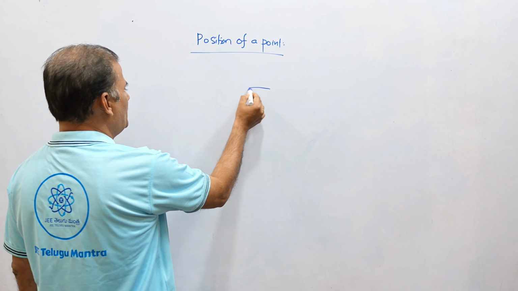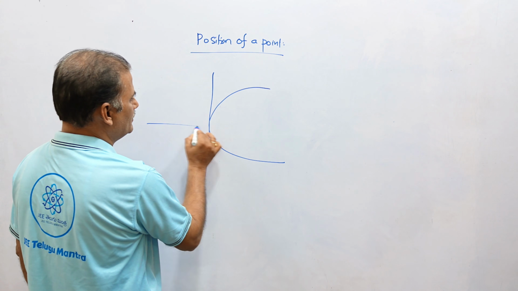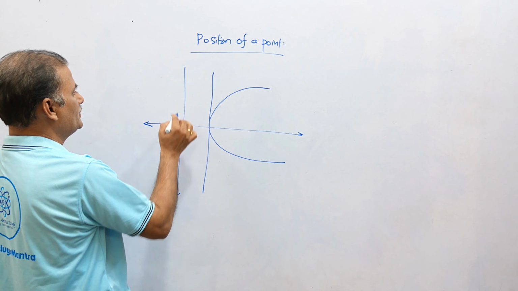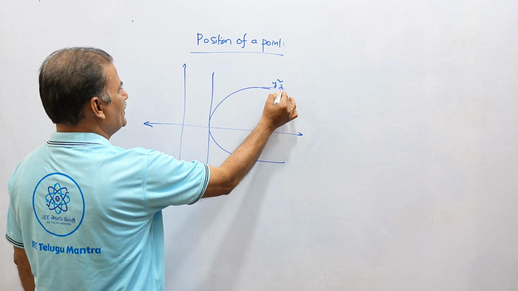If you take one parabola here, this is the axis and this is the directrix. This is the parabola y square is equal to 4ax.